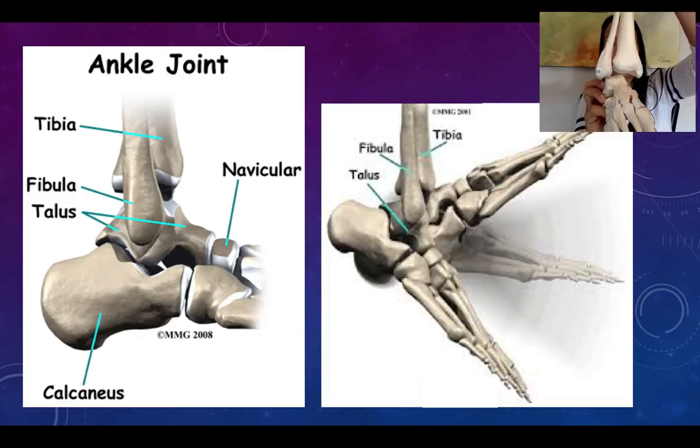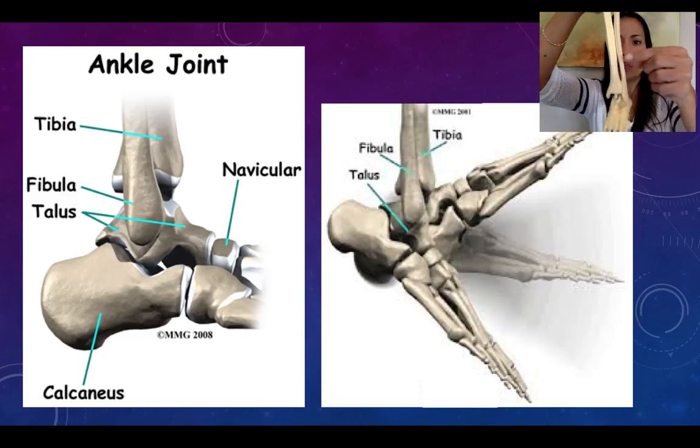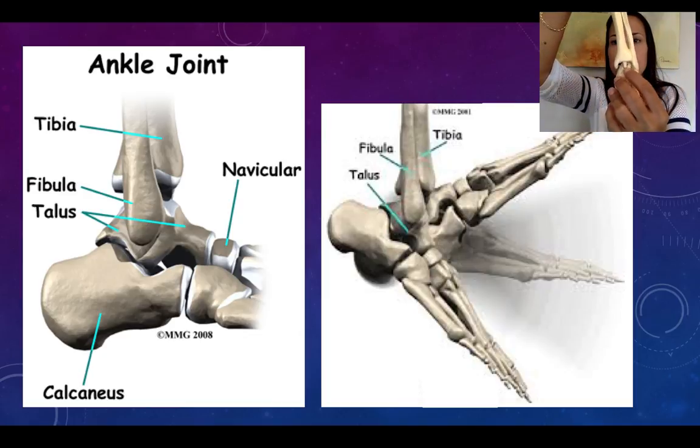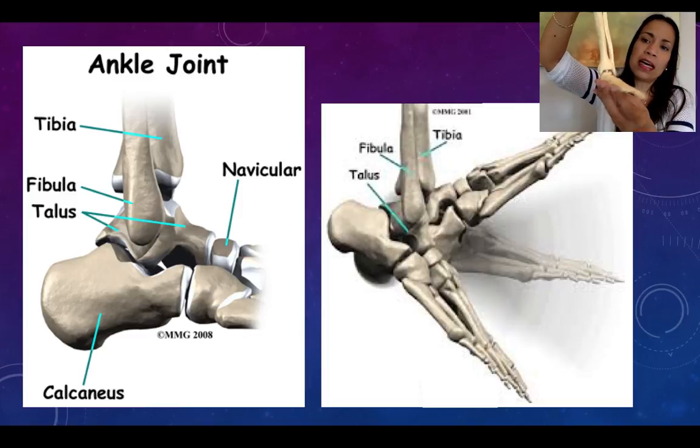And this ankle joint is called talocrural articulation. This joint that I have already articulated in here, tibia, fibula, and talus, this joint is a hinge joint. So it only allows movement in one plane.